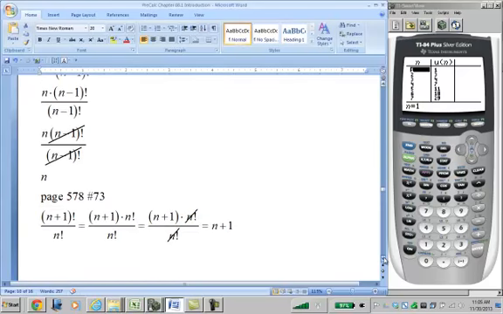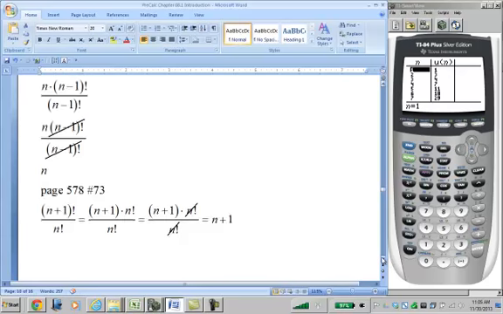So here's number 73. n plus 1 factorial over n factorial. Well, n plus 1 factorial equals n plus 1 times n times n minus 1 times n minus 2 times n minus 3. So in other words, n plus 1 factorial equals n plus 1 times n factorial. The n factorials cancel, and you're left with n plus 1.